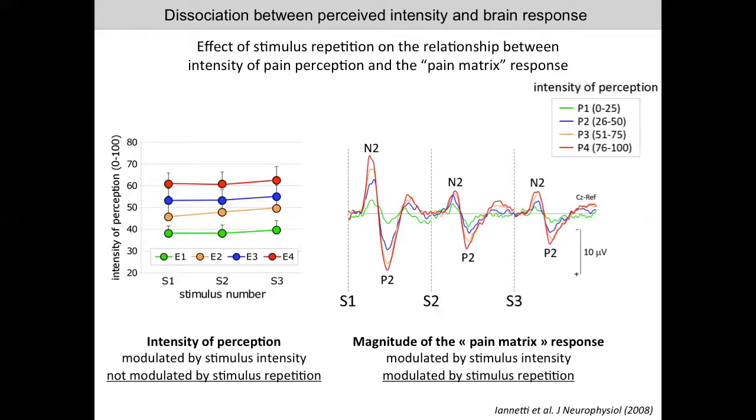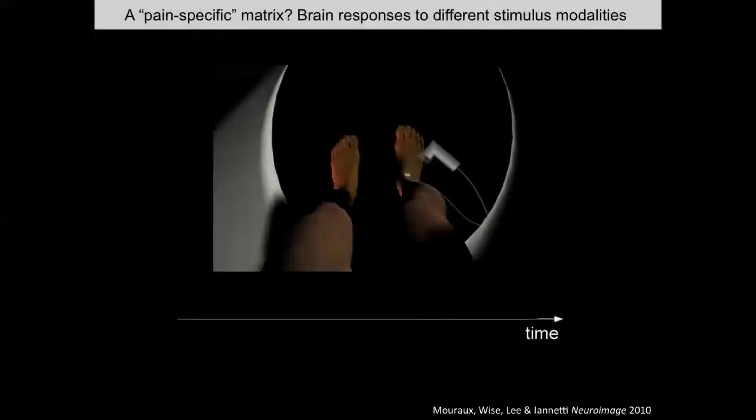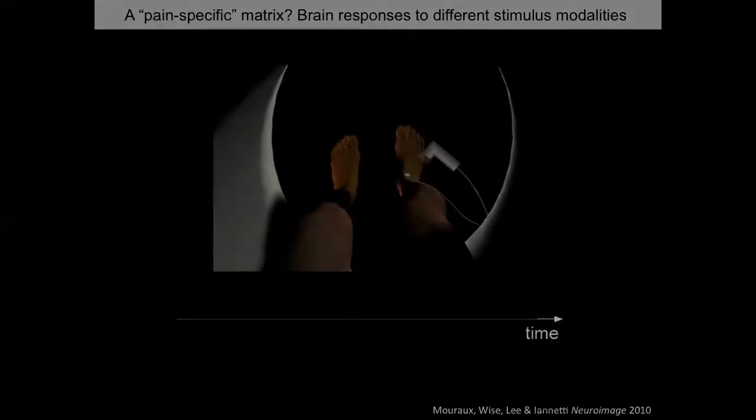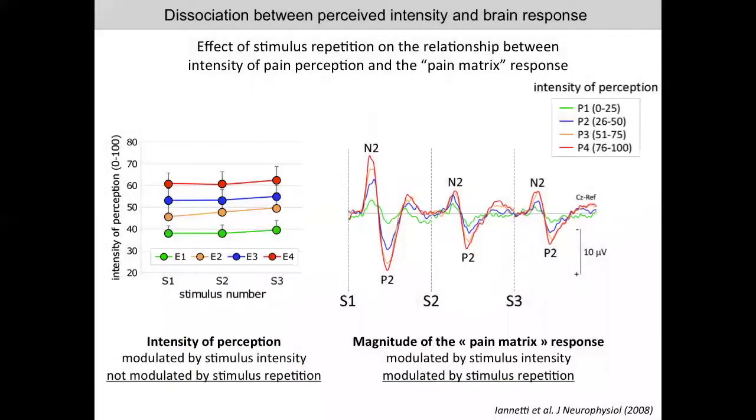So it's an exception to the rule. This is really telling us that there is something more, that those responses cannot be made by neural activity which is producing the pain itself. Otherwise, this correlation would not be disrupted. So in this case, we have the so-called pain response reduced with the same amount of pain.